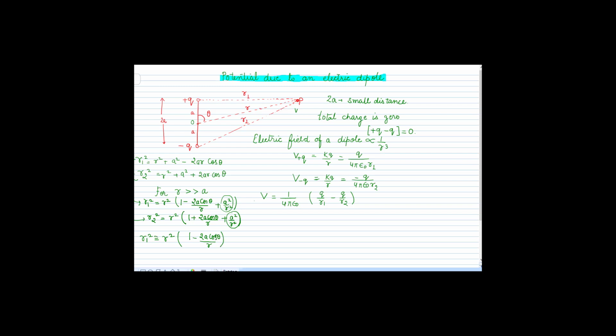This approximation we can take if a is very small compared to r. Similarly, r2 square is approximately equal to r square 1 plus 2a cos theta upon r. So now we have the value of r1 and r2, and we can put it into these equations, right?